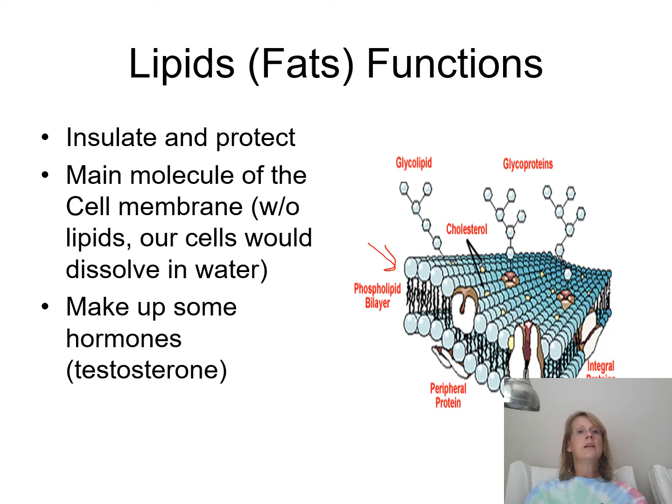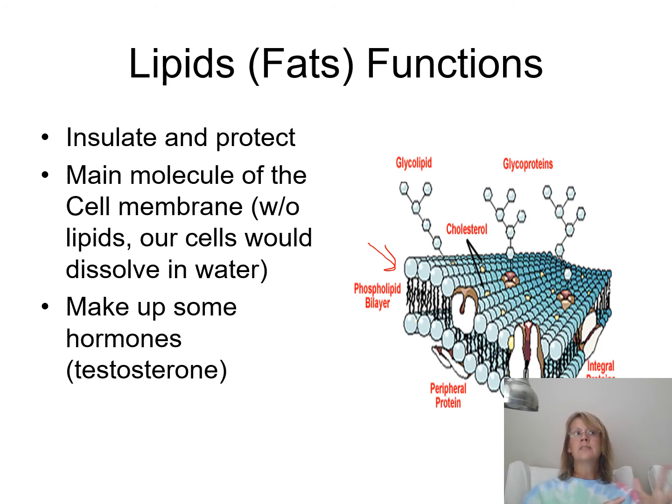And also, some lipids make up hormones. Now, hormones are probably a term that you've heard a lot in your life, but you might not really quite know what a hormone is. When your brain needs to talk to parts of the body, it makes electricity. But think about it, not everything has a brain. So, for example, how do the leaves of a plant talk to the roots?